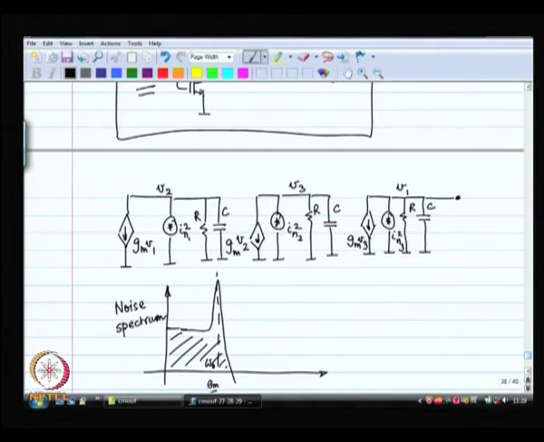Now, of course, if you take into account only thermal noise, this is how the spectrum is going to look. If you take into account effects of flicker noise, 1 by f noise, then this is actually going to grow at DC. This is also going to appear as phase noise.